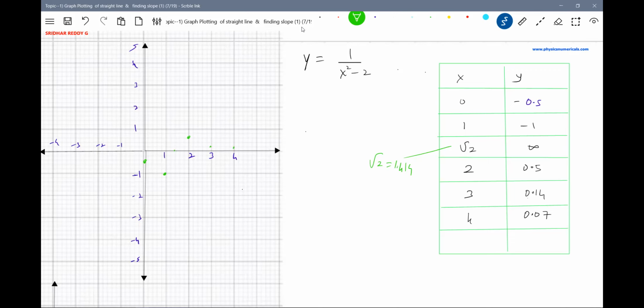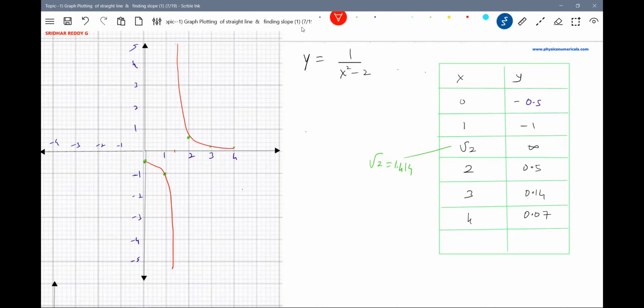How will the curve be? The curve goes up toward infinity near root 2, 1.4. I think it should not cross that line. That's the curve.